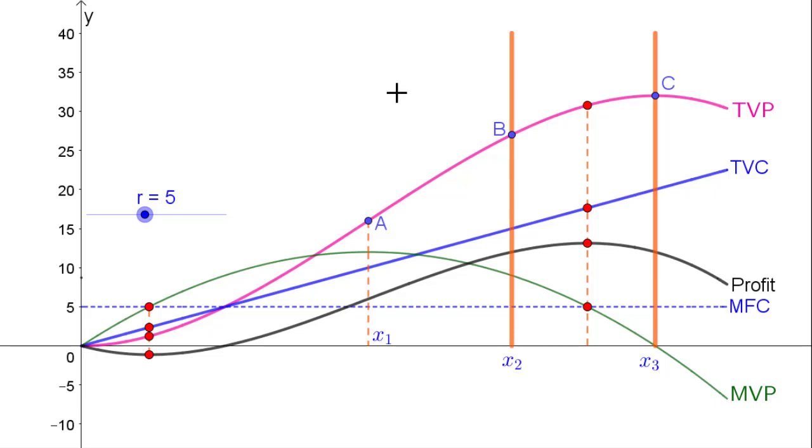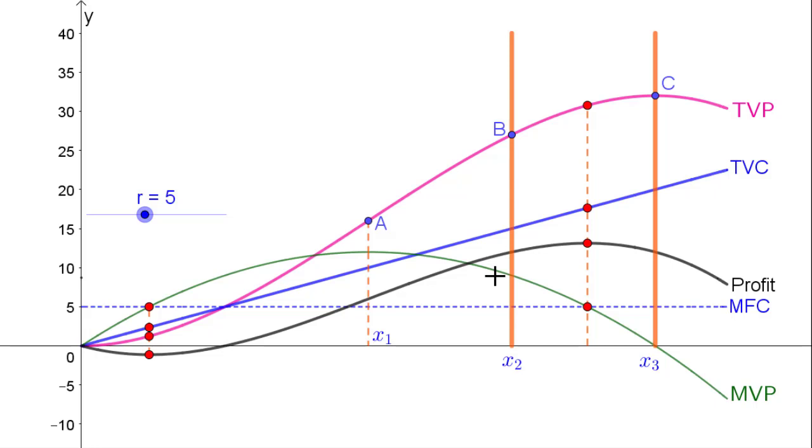But that's actually not the case. Why is that? It's because what you should really pay attention to in stage 1 is the MVP and MFC curves.